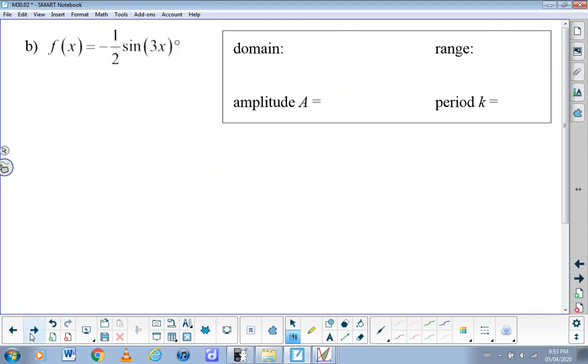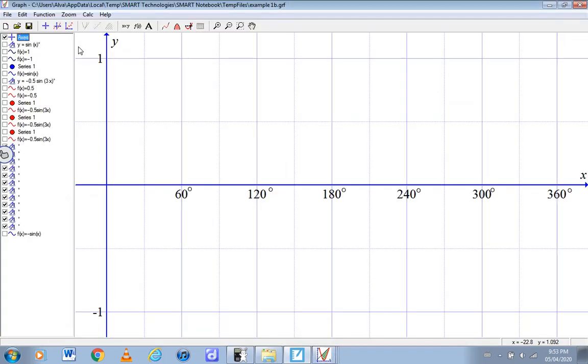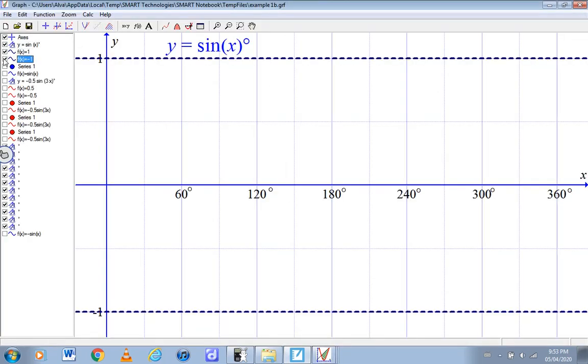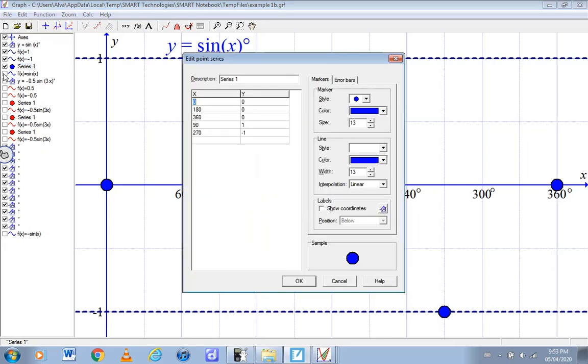So the next example, we'll look at the graph again on a computer. Let me just close out some of my windows. So this one is -1/2 sine of 3x. So again, if I looked at sine of x, we know what it looks like.